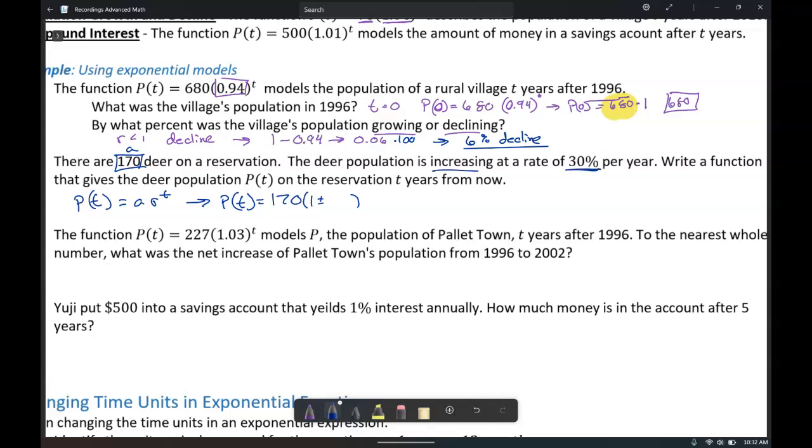Here's our percent, and we know it's an increase, so we're going to add 30%. 30% as a decimal is 0.3. So we take 1 and add 0.3, and then we keep our exponent of t. Simplified, our function is 170 times 1.3 to the power of t.